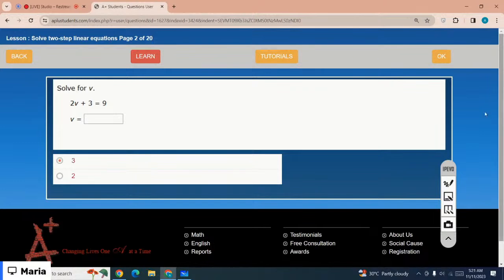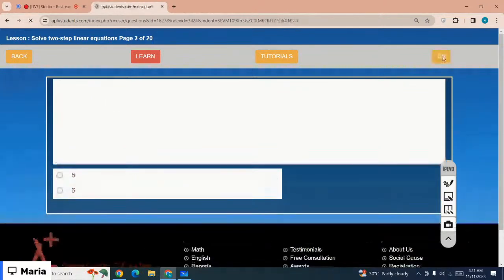First, you move 3 to the other side. That would be 9 minus 3 is 6.